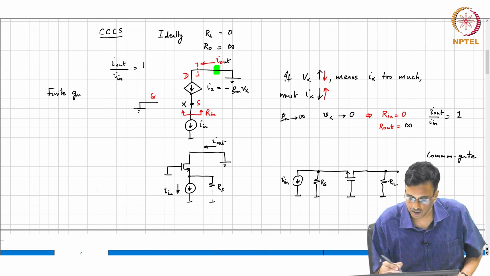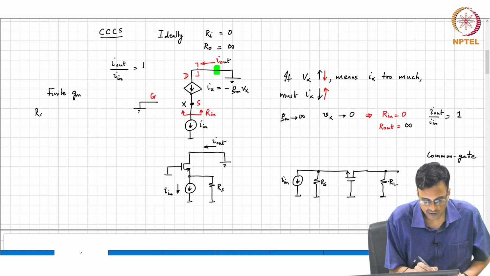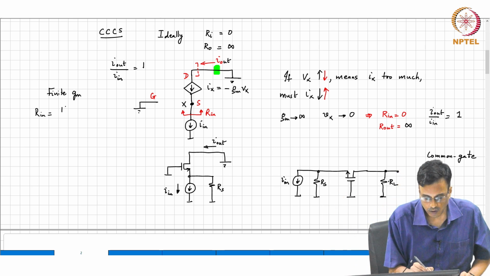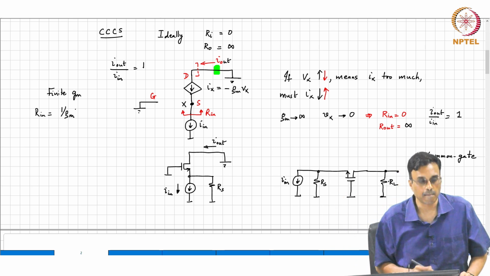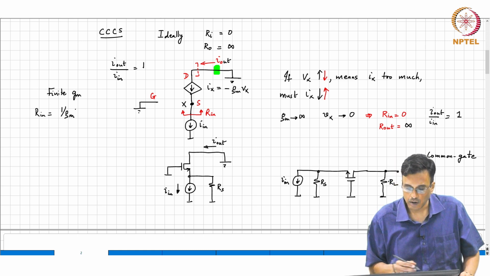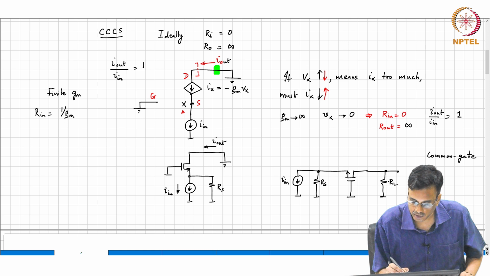It's a no brainer, it is 1 over gm, correct.